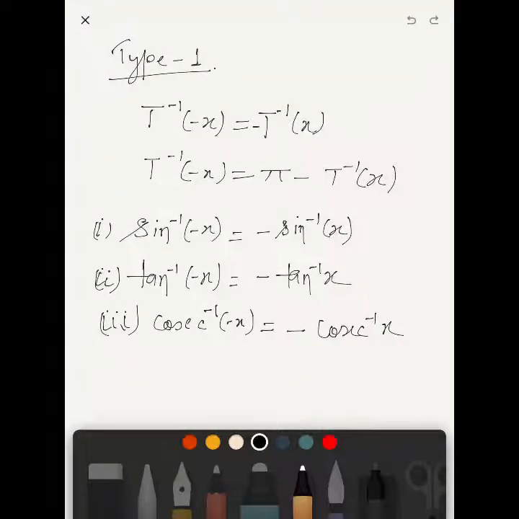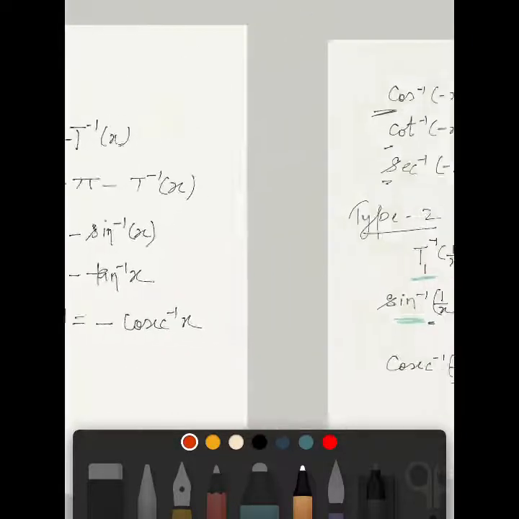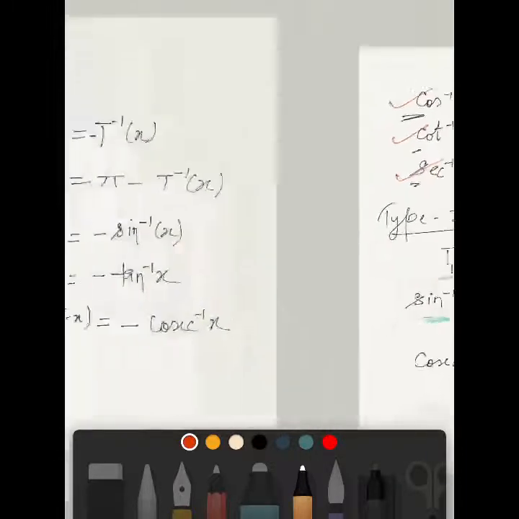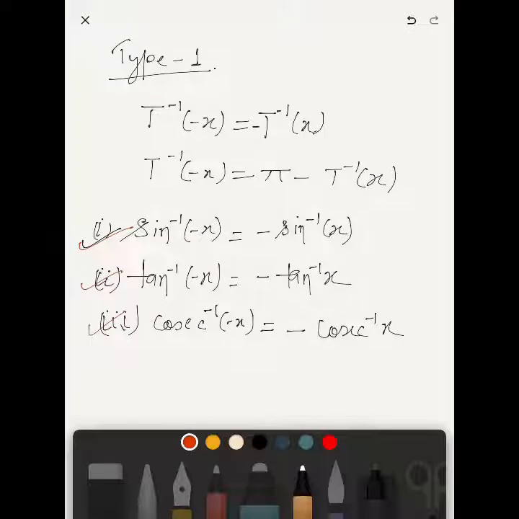See these three questions in type 1, 1, 2, 3, for sine, tan and cosec. When you give negative input, your output comes out to be the negative of that function, isn't it?